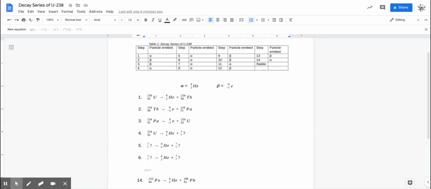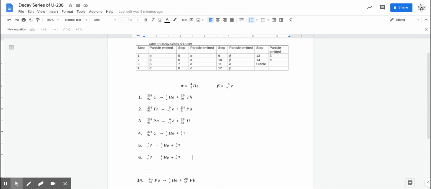And that is how we solved to find the atomic number is 91 of the daughter atom in step 2. And on the periodic table, element number 91 is protactinium with a symbol Pa. So protactinium 234 is our daughter from step 2.